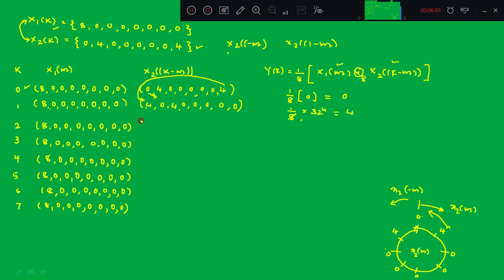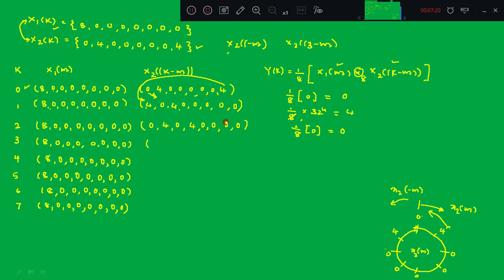Next, for k equal to 2, this 0 comes here first, next you shift 4 here: 4, 0, 4, 0, 0, 0, 0. Again you multiply, you will get 0 only, so 1 by 8 times 0 is 0. Next, for k is equal to 3, this becomes 3 minus m.